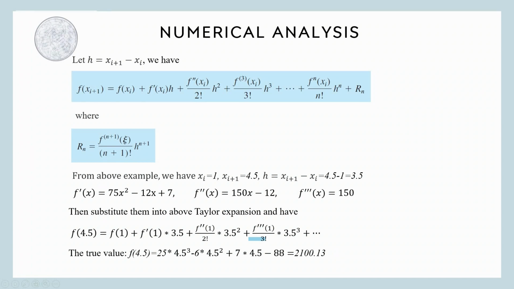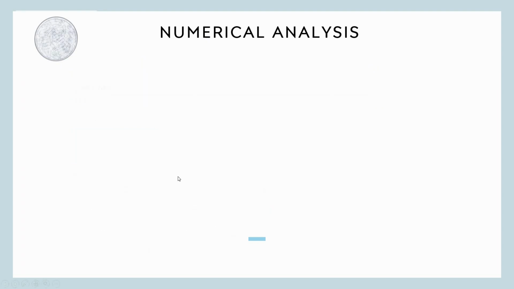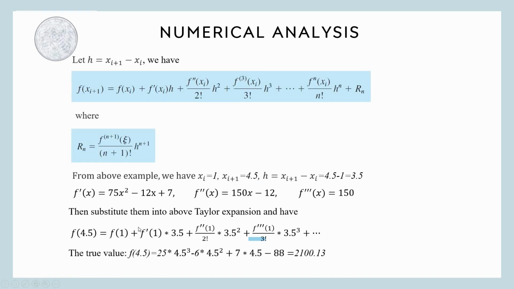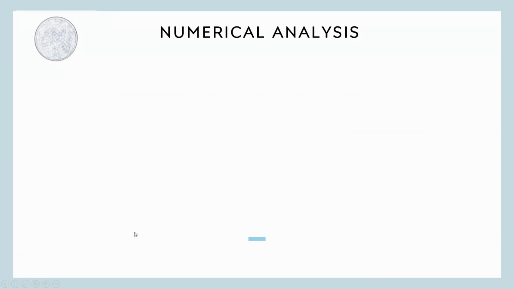Now let's go to the zero order Taylor series expansion. For the zero order, we keep this term and remove all the other terms. We call this the zero order. We only keep f(1). If we plug in the function at 1, we get -62.